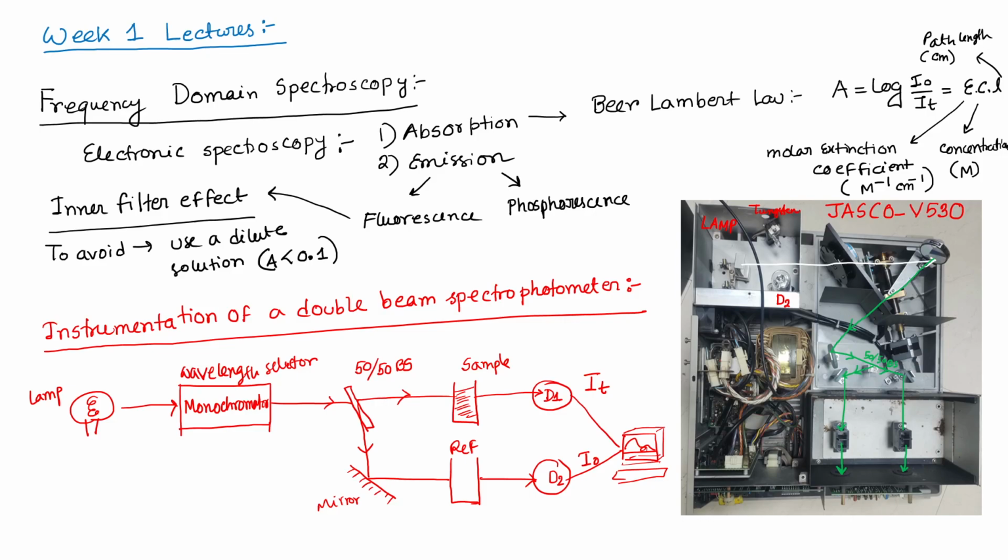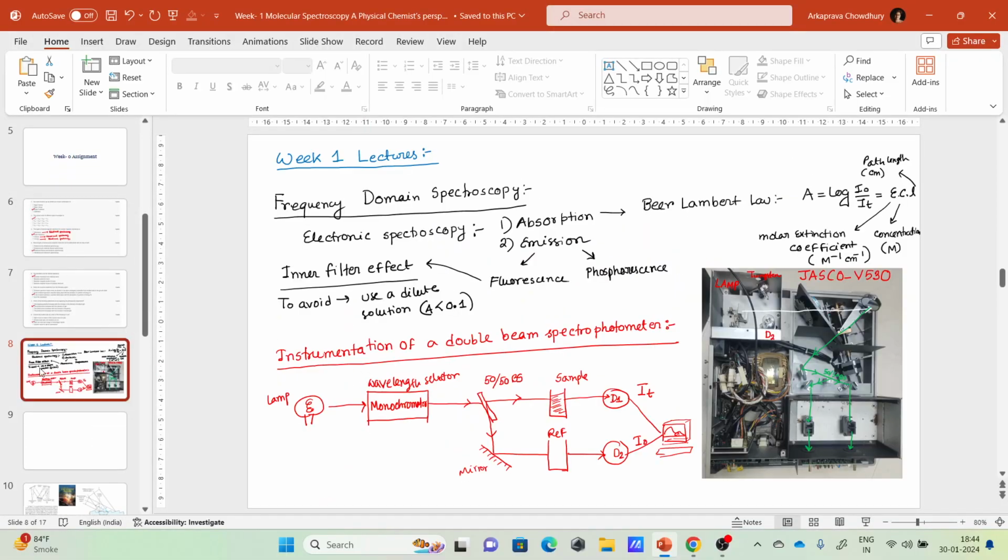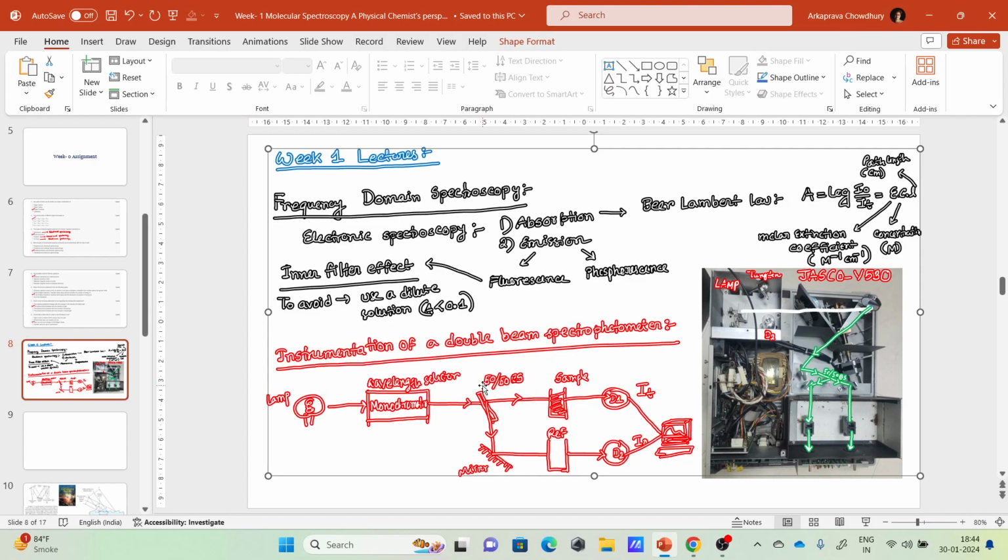To avoid that problem in a double beam spectrophotometer, another kind of instrumentation is being used nowadays, which is almost a similar technique. I will try to copy paste that in the next slide maybe. Almost all the things will come. Okay, I'll draw once here.